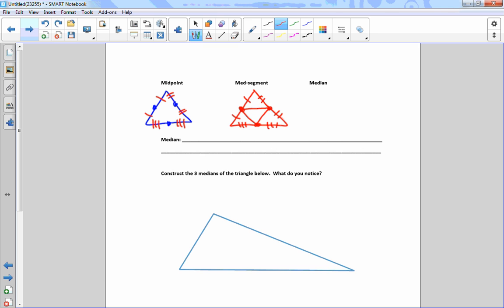So midpoint is the point right in the middle of the segment. Mid-segment joins 2 midpoints. And then a new vocabulary is median.